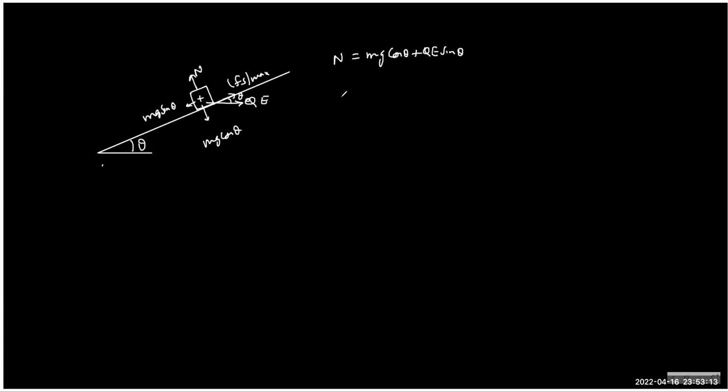And QE cos theta plus mu s into N is mg sin theta.